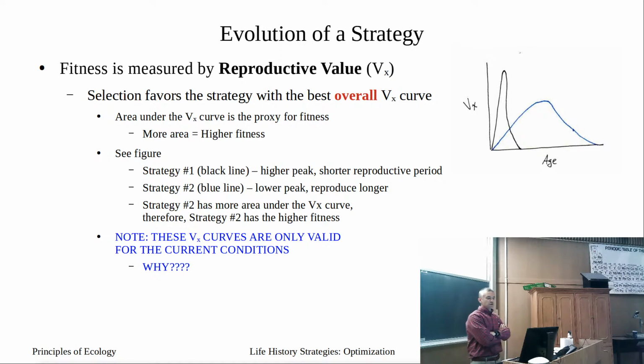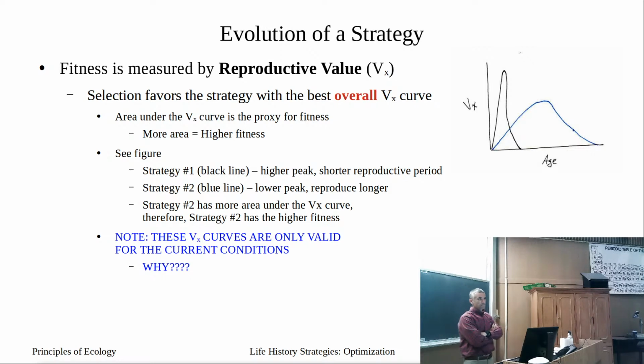So we have strategy 1. Strategy 1 is such where we're going to invest a lot in reproduction, producing a lot of offspring. Maybe we do it by having a very large clutch size. Maybe we reproduce numerous times over a very short period of time so that we can still produce a large number of offspring.